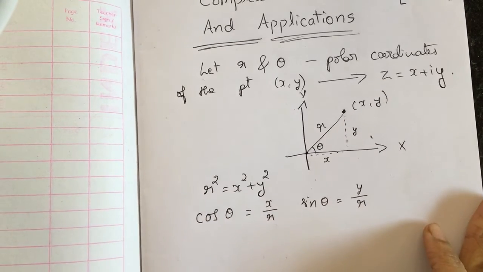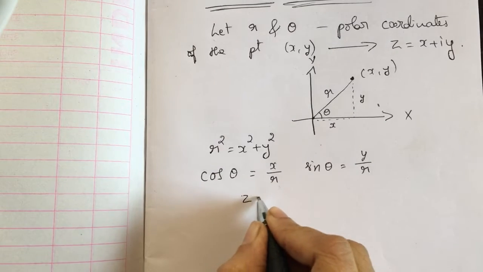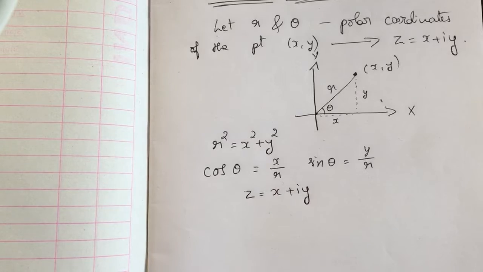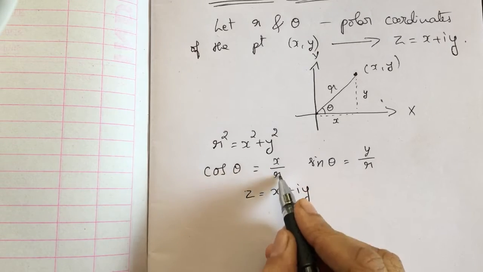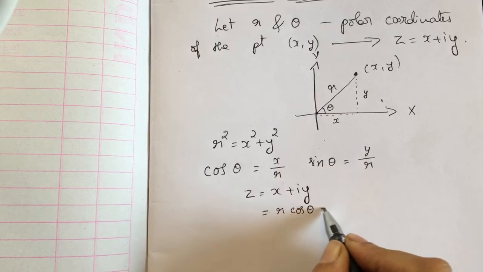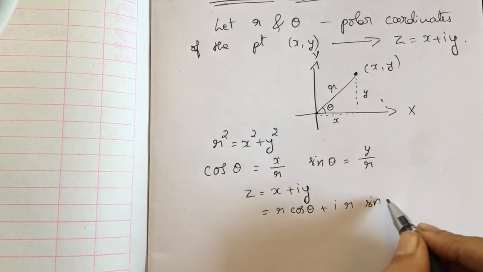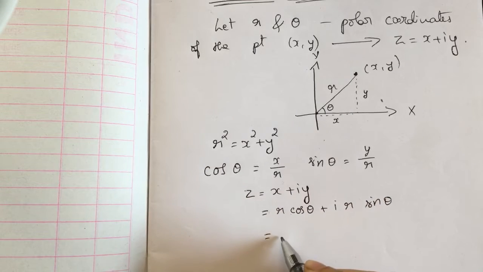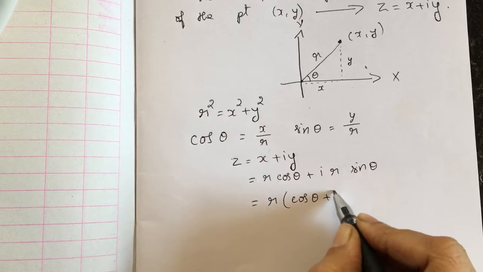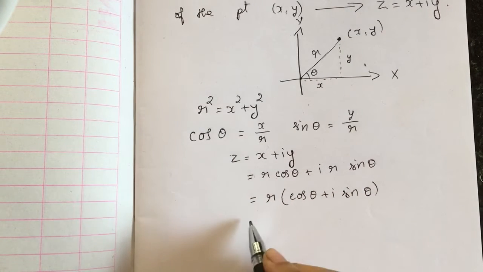We know the rectangular form, that is the Cartesian form, z equal to x plus iy. Now I replace x by r cos theta and y by r sin theta. If I take r common, it is r times cos theta plus i sin theta.